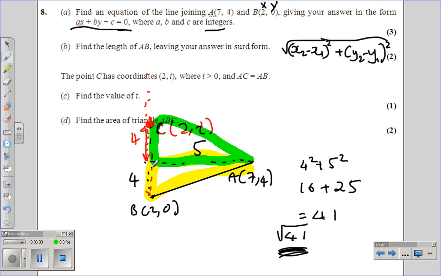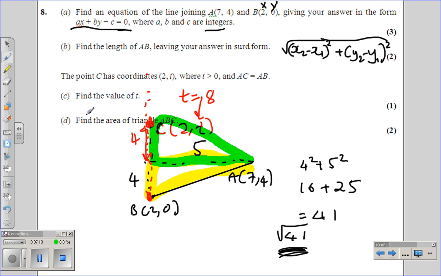So if this is 4 up and this is 4 up, because this point originally was 0, then this point must be 8 above the x-axis. So t equals 8. Again, using the fact that these two triangles are congruent, the height from the x-axis was 0, because this point here is (2, 0). So this is 4 above, so this is 8 above. Then, that's one easy mark there.